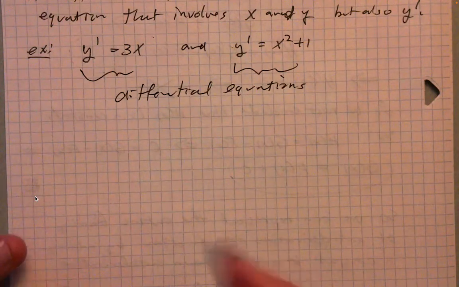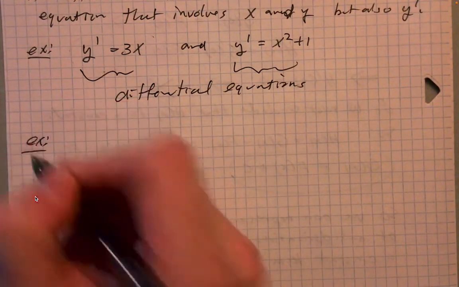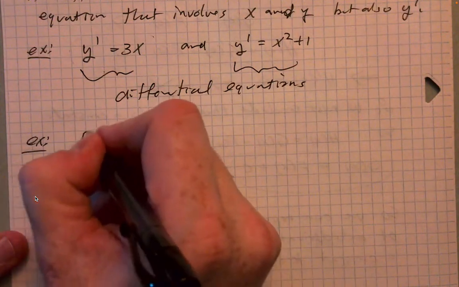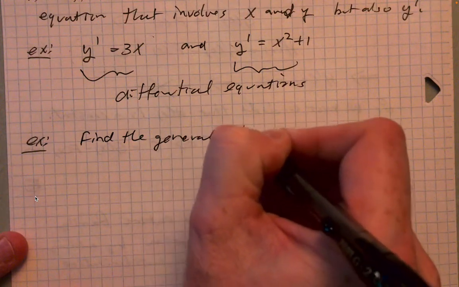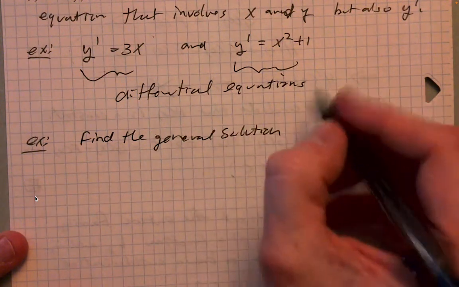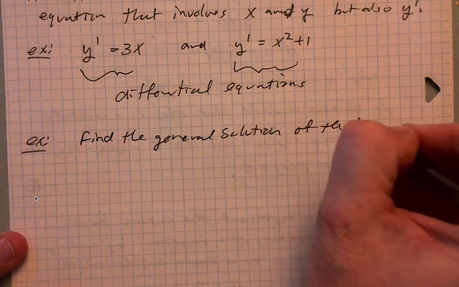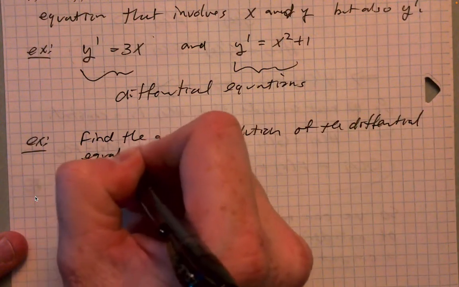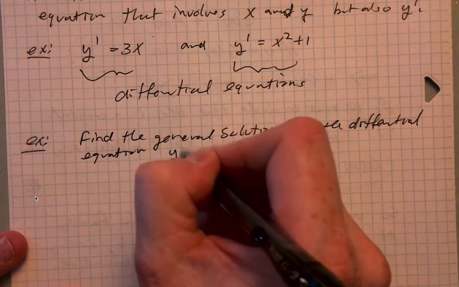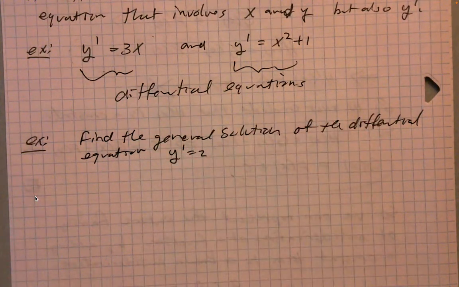So, an example: find the general solution of the differential equation y prime equals 2. Okay, so you've got a differential equation, y prime equals 2, so dy over dx equals 2. What's the goal here?